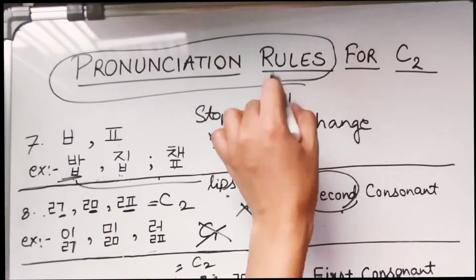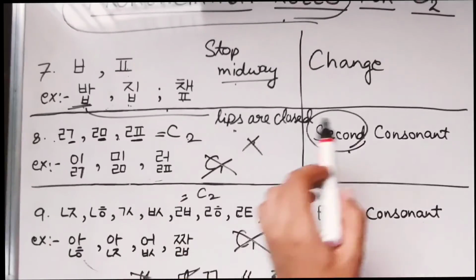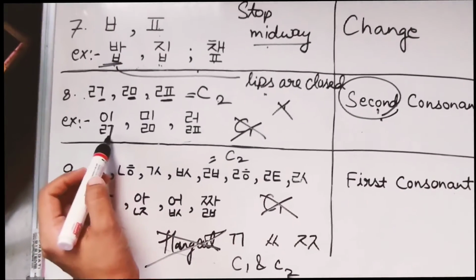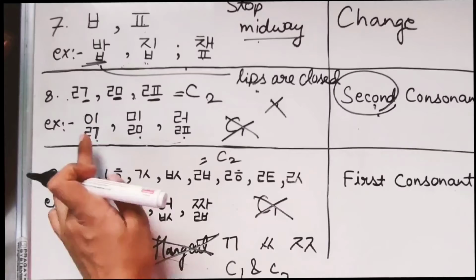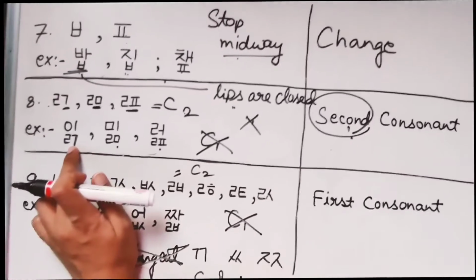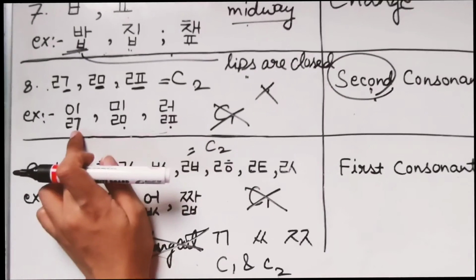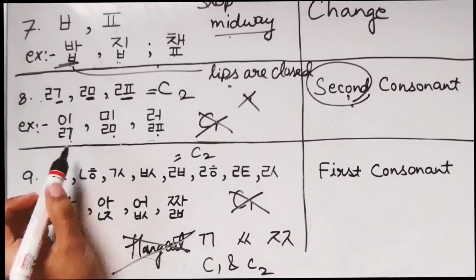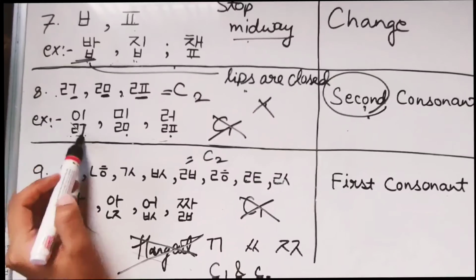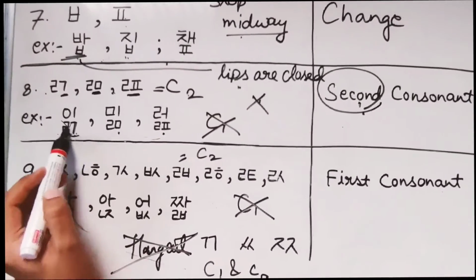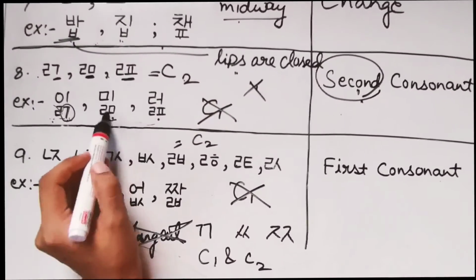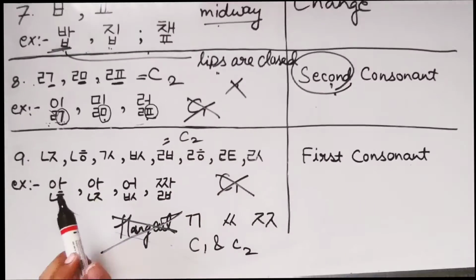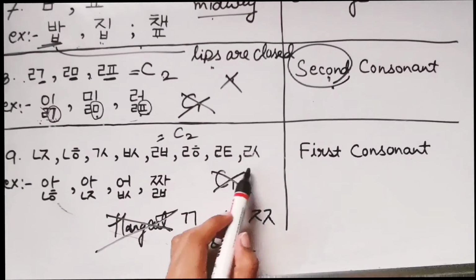So do not forget the pronunciation rules for gh, m and p respectively while pronouncing them. In this case, I will pronounce this syllable as ik, because at C2 position, gh is pronounced as k. Remember? Never forget that you only pronounce the second consonant in all the 3 examples.